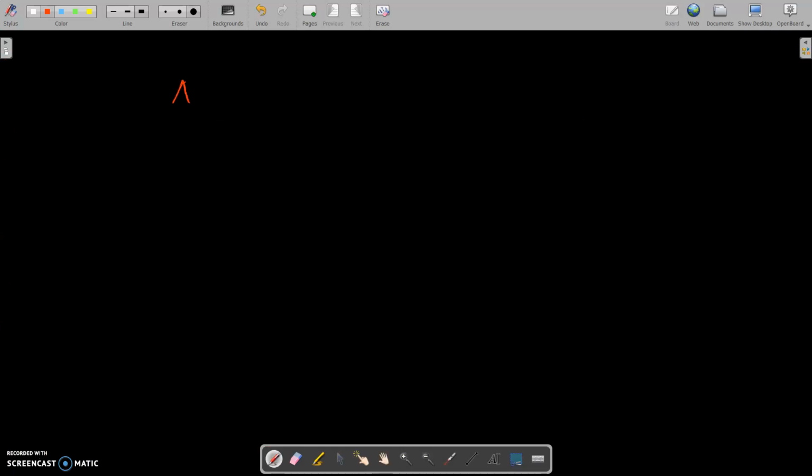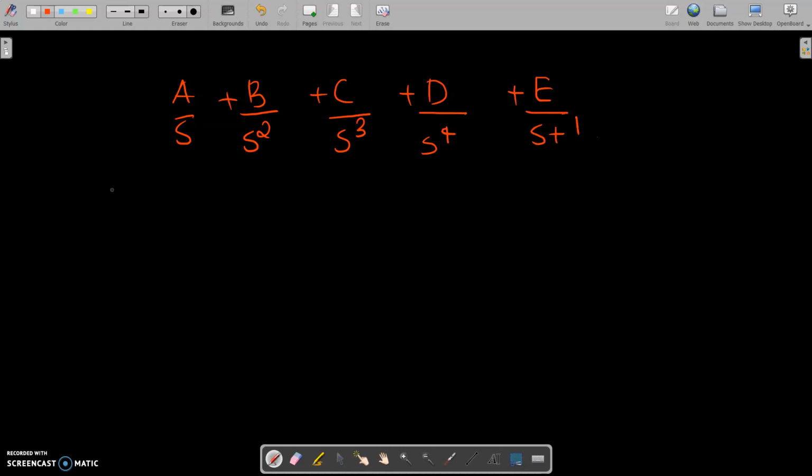That is a by s plus b by s square plus c by s cube plus d by s raised to 4 plus e by s plus 1, which implies എന്ത് വരും minus s raised to 4 plus s cube plus 6s square minus 6 divided by s raised to 4 into s plus 1. ഇതിനെയാണ് ഈ രീതിയിലേക്ക് പാർഷ്യൽ ഫ്രാക്ഷൻ ചെയ്തു.